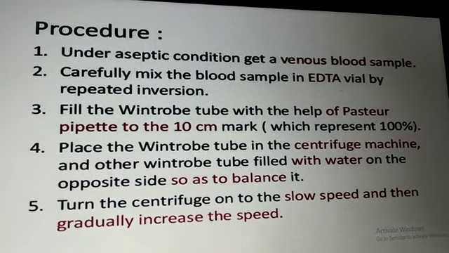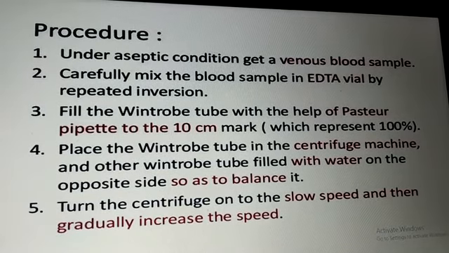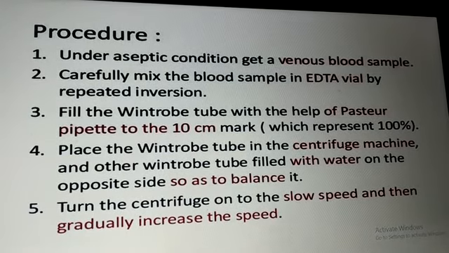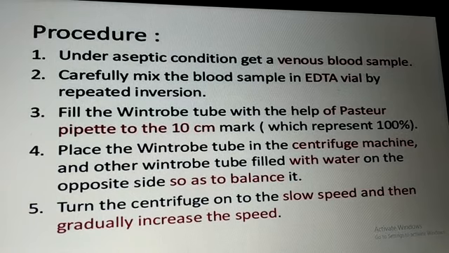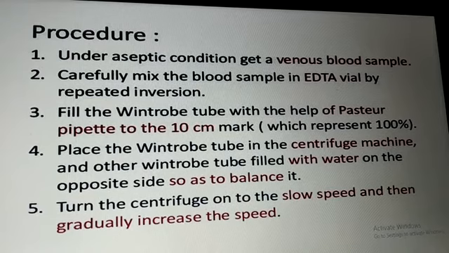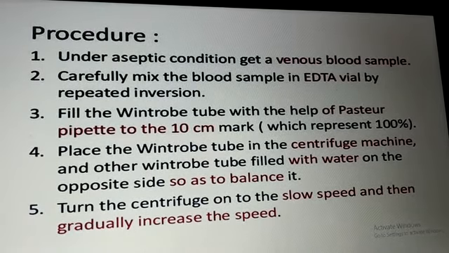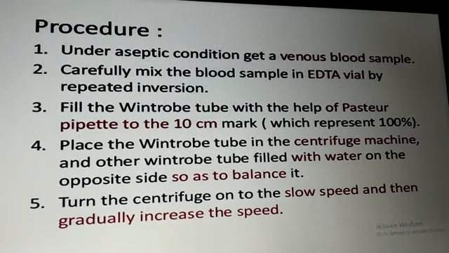Now methods. First of all, we take a venous blood sample. After that, mix the blood sample in an EDTA vial, and then fill the Winthrop tube with the help of a pass-through pipette to the 10 centimeter mark, that means 100%. Then place the Winthrop tube in the centrifuge machine and another Winthrop tube filled with water on the opposite side so as to balance it.